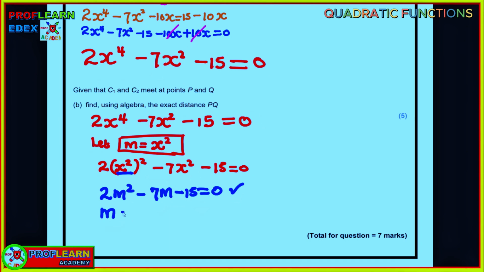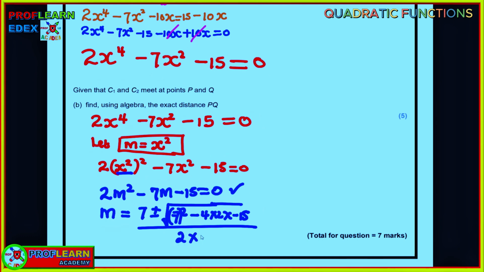We say m is equal to negative b, but our b is negative, so that becomes 7, plus or minus the square root of 7 squared, minus 4 times a, which is 2, times c, which is negative 15, so that becomes positive, and then we divide by 2 times a, which is 2 in that case.